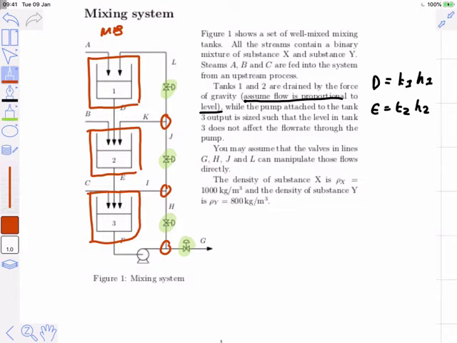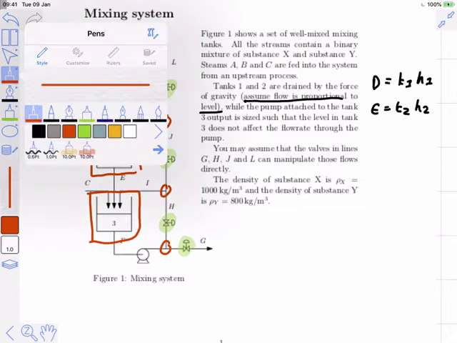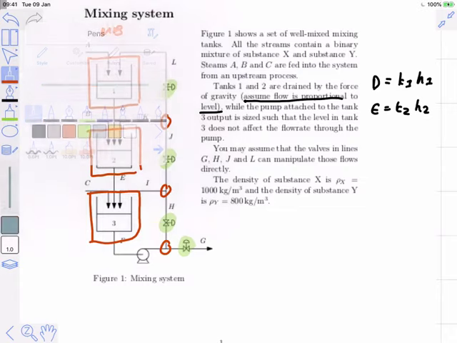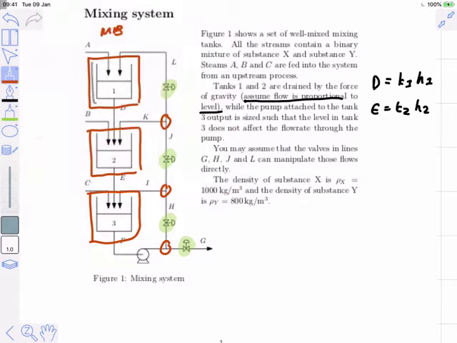And then additionally, I'm going to do a component balance over the tanks. Now, there is a little bit of leeway here. You are perfectly welcome to do a component balance over the junctions as well.